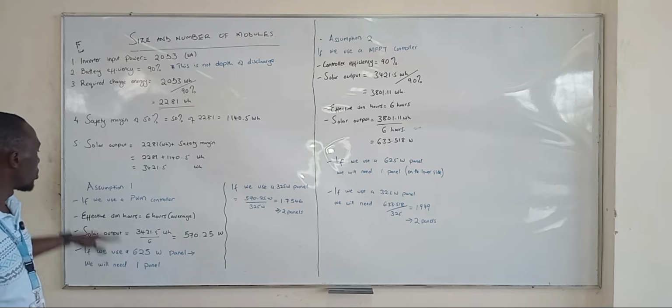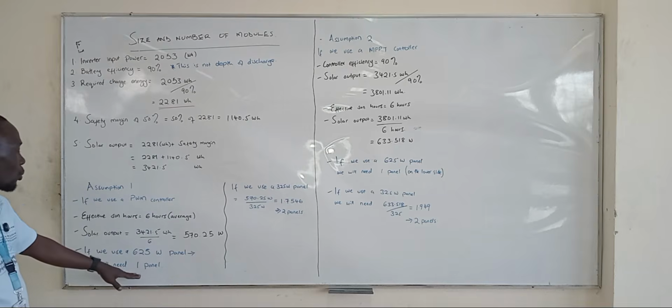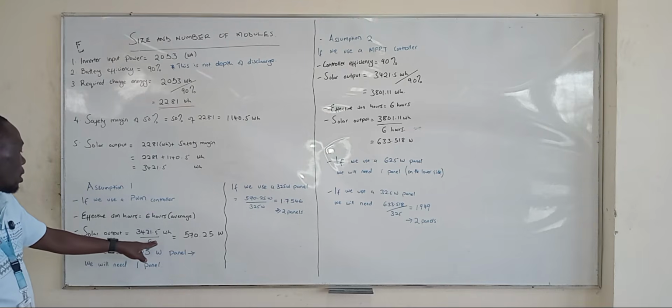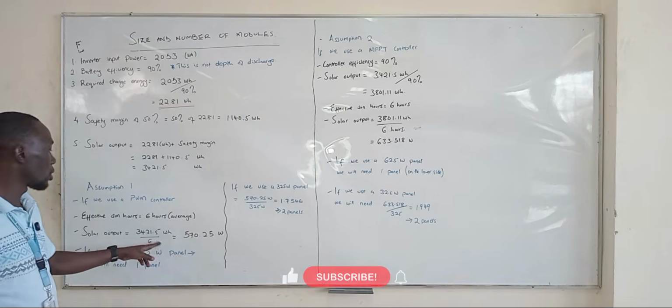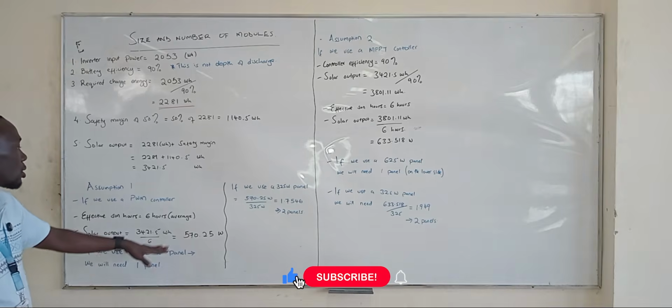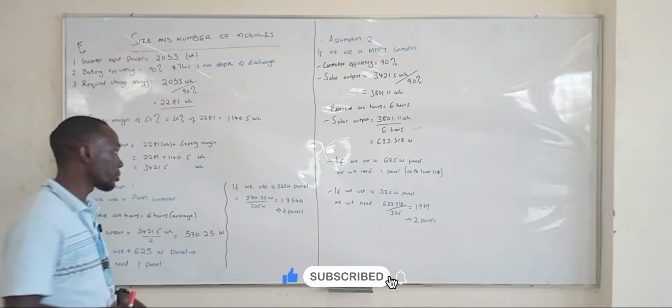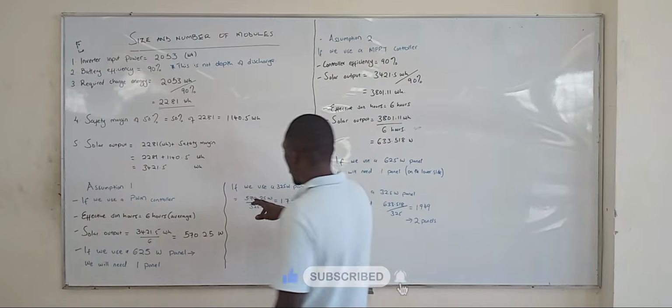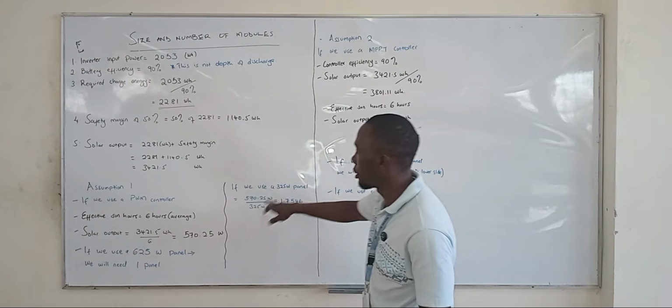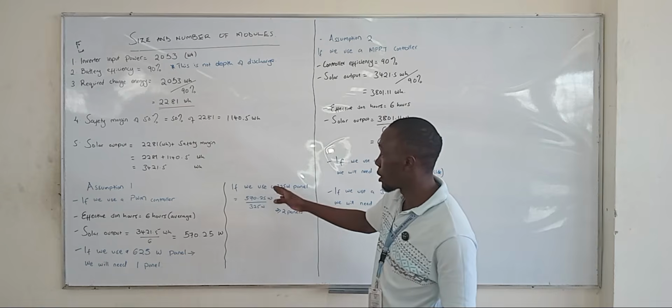So for this system, if we use a PWM controller with one panel and we assume that we will get 6 hours of sunlight, we can use one panel and charge this system every single day effectively. If we use a smaller panel, let's say a 325 watt panel, it's smaller than this figure. So this is an assumption.